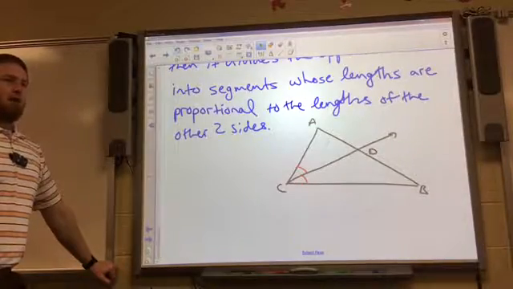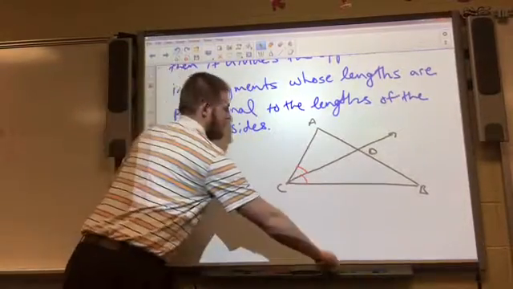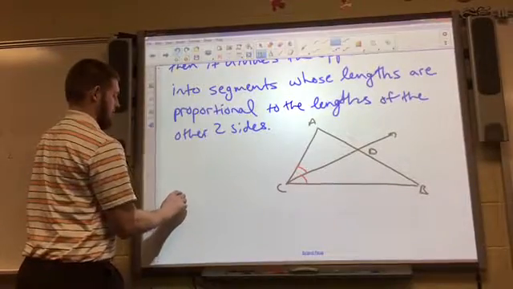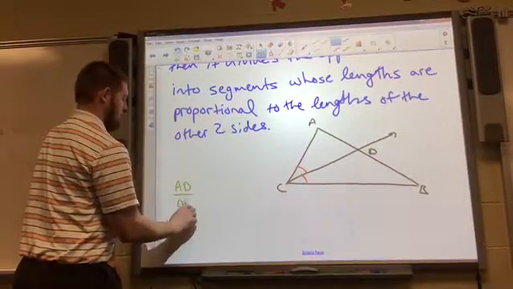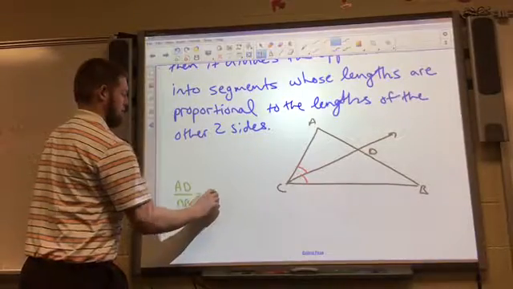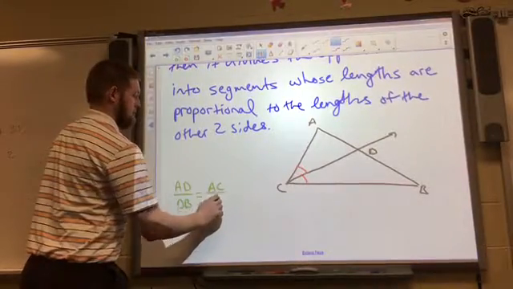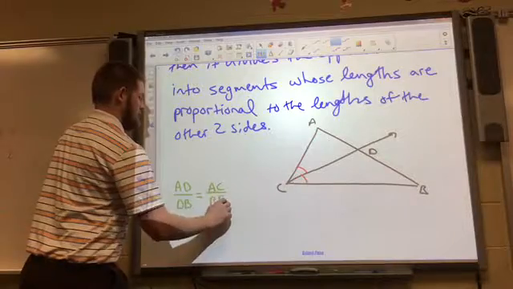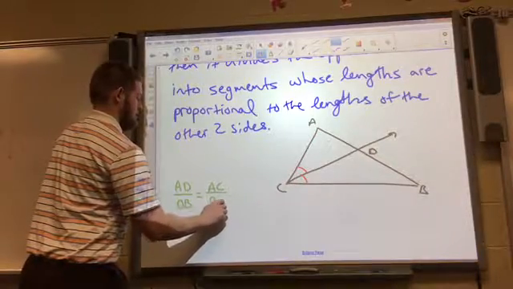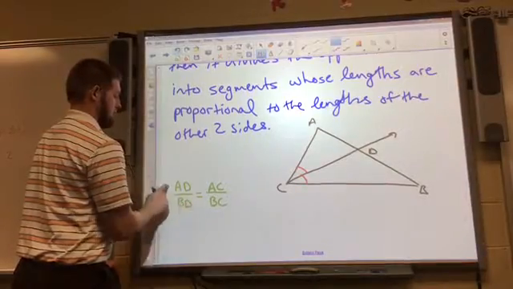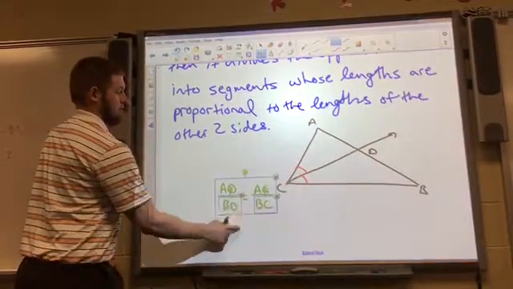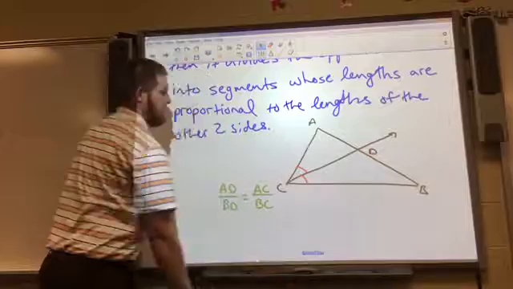If I have that, then it must be true that AD over DB is equal to AC over BC or CB. I'm going to change this to BD, so I'm in alphabetical order. Doesn't really matter though.